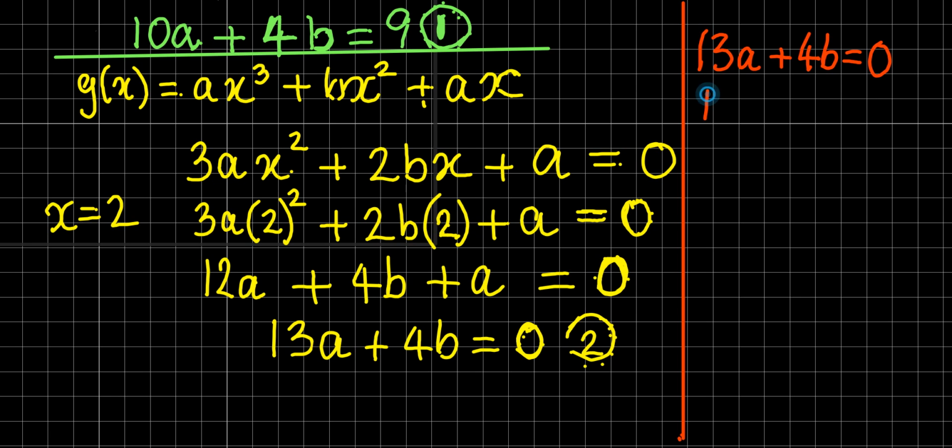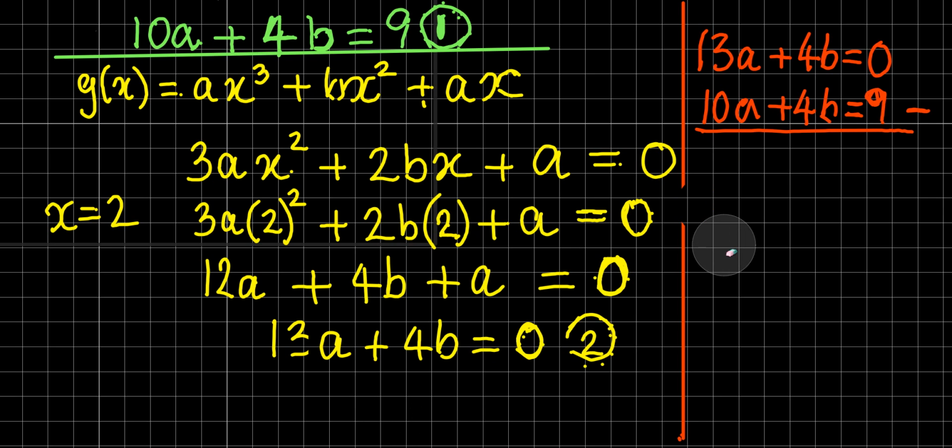We have 10a plus 4b is 9. Going to subtract that, so we have 3a equals minus 9. So a is minus 3.